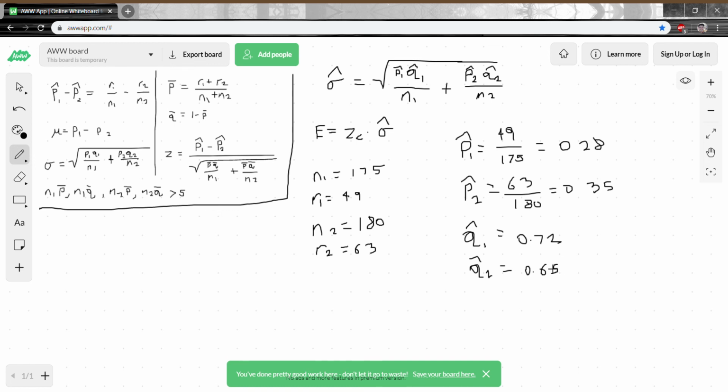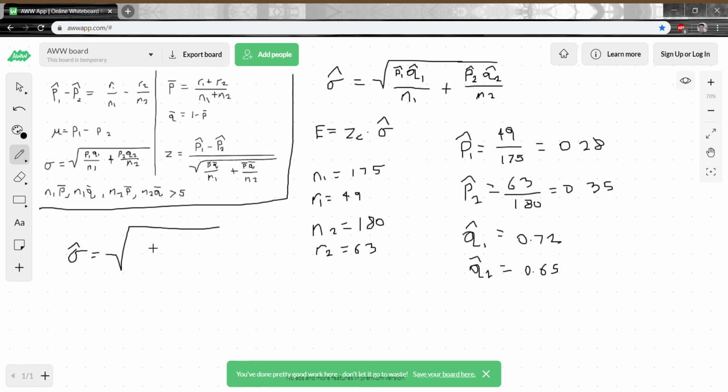With these, we can calculate a sigma hat. Let's do it individually because sometimes sigma hat is useful for a number of calculations, so it's good to calculate it individually, then plug the value into other equations.